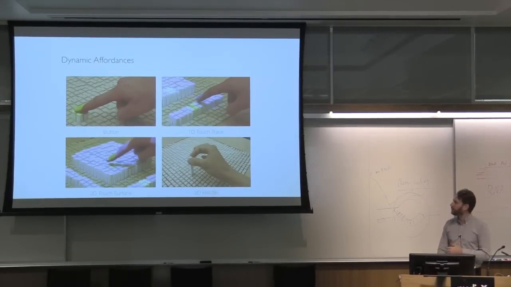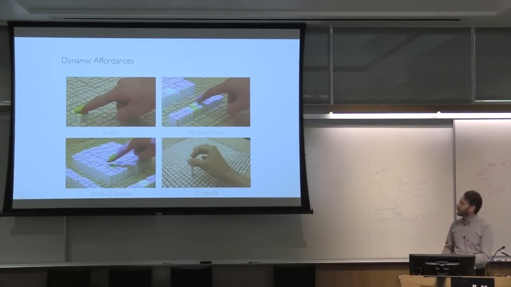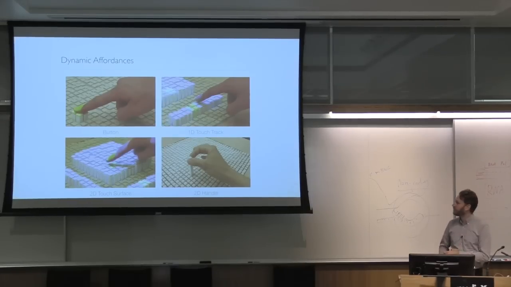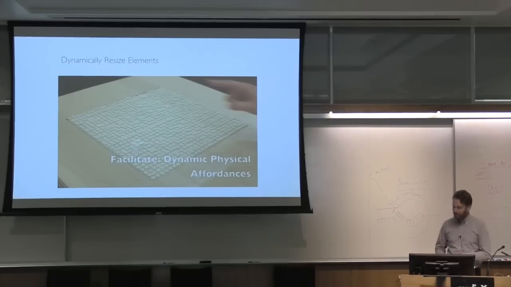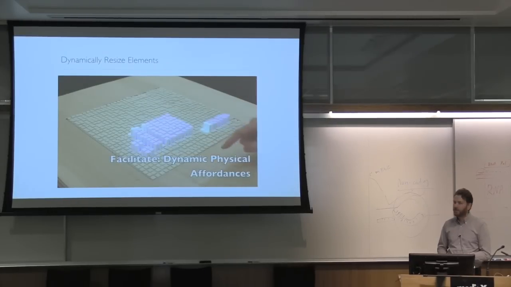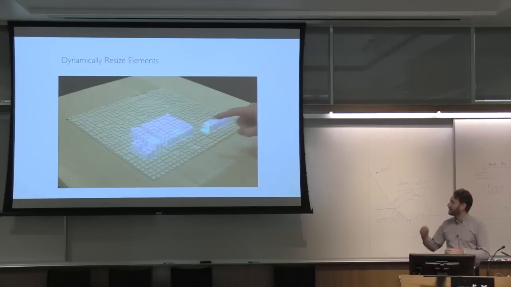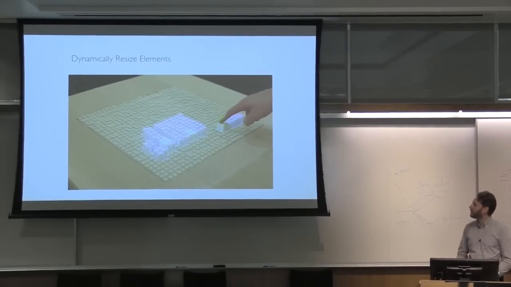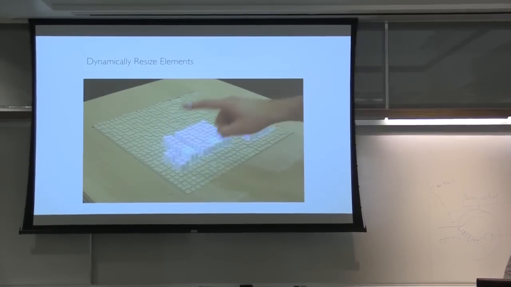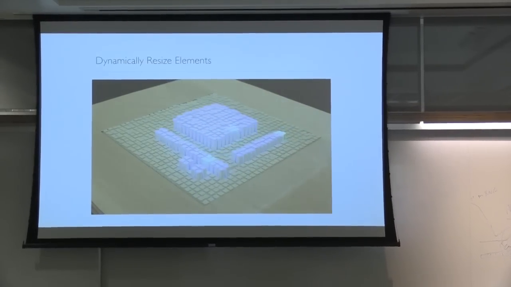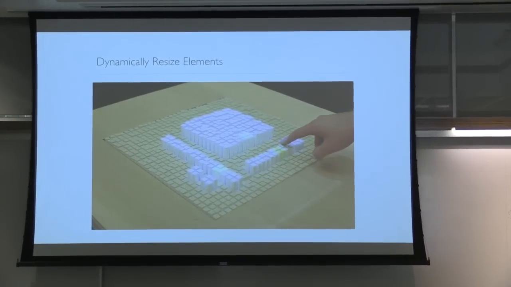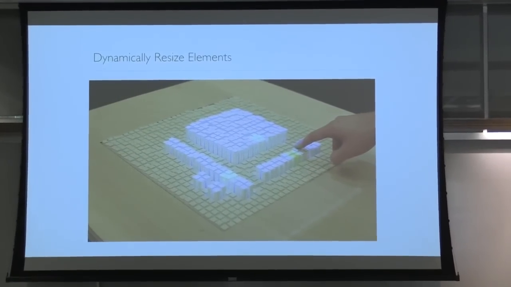So for example, we can do very simple things like create buttons and sliders and handles on demand. You can have one button that transforms into many, or you can resize them, and they're all touch aware. Obviously this has somewhat low resolution, but we're trying here to think about what are the potential new ways to interact with these objects.